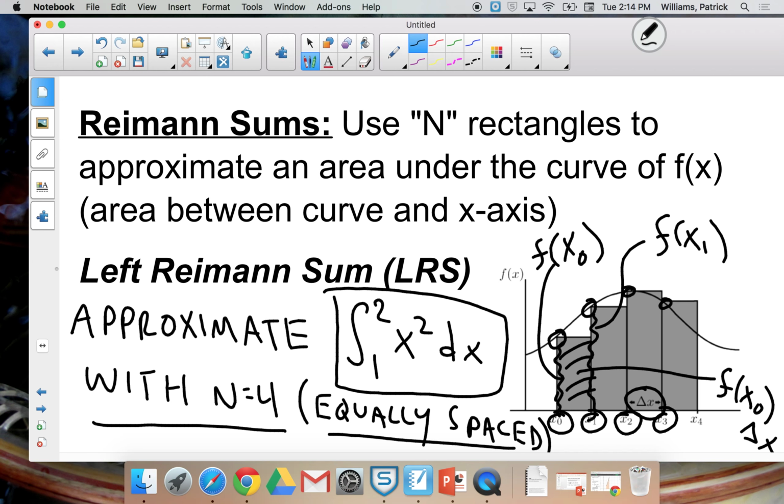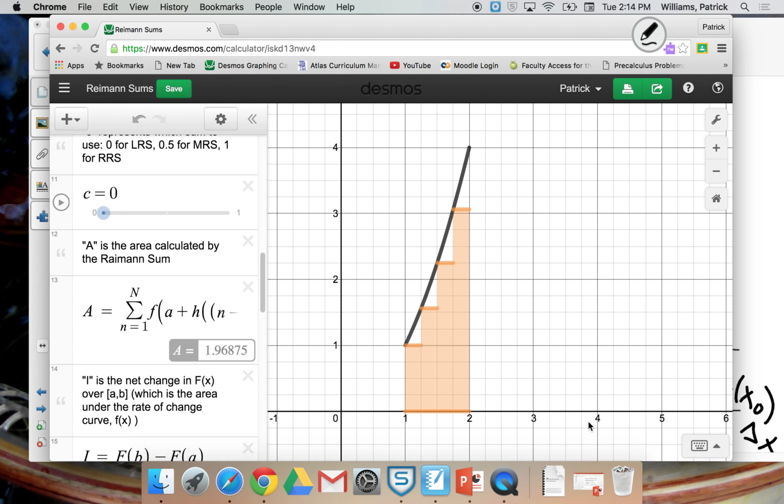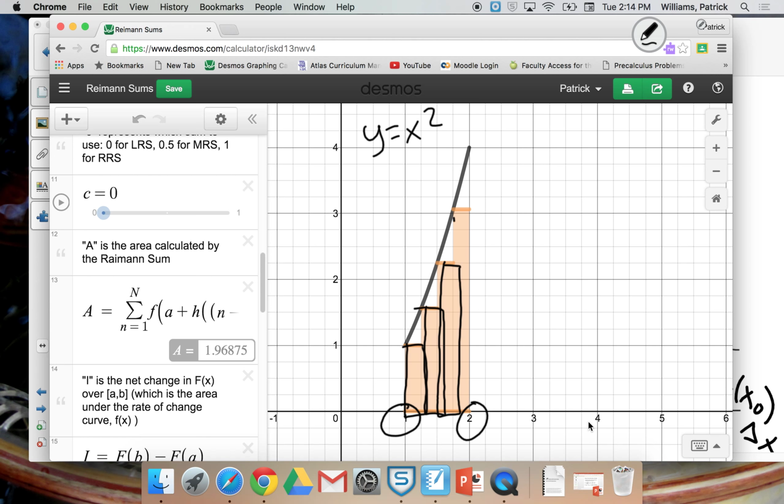So using that, let's look at this function. Here we have the function y equals x squared, defined from x equals 1 to x equals 2 with 4 partitions or 4 subintervals. Notice that this orange area represents 4 rectangles.